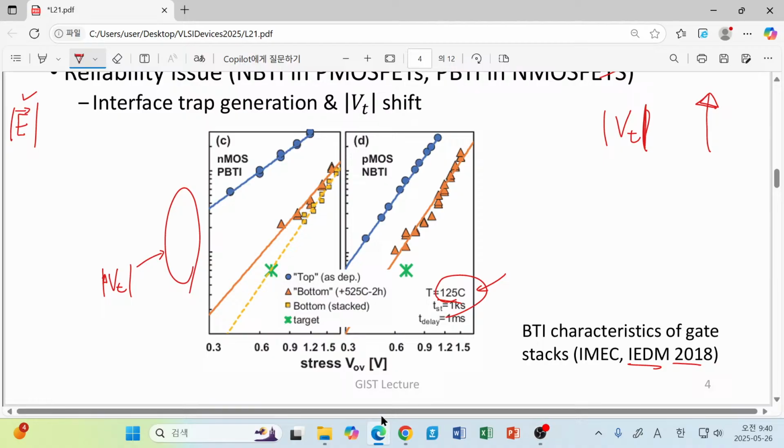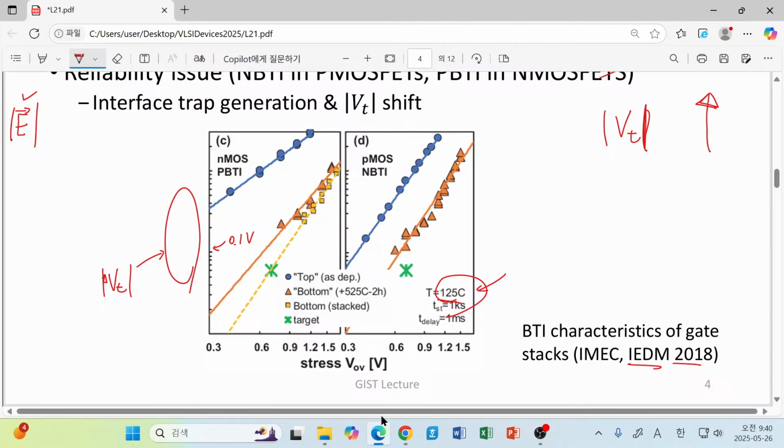Well, I have a certain number. After that, we intentionally apply stress and measure its threshold voltage. Then there is a tendency. Please have a look at this number. Oh, sorry about that. I think this number is corresponding to 0.1 volt.